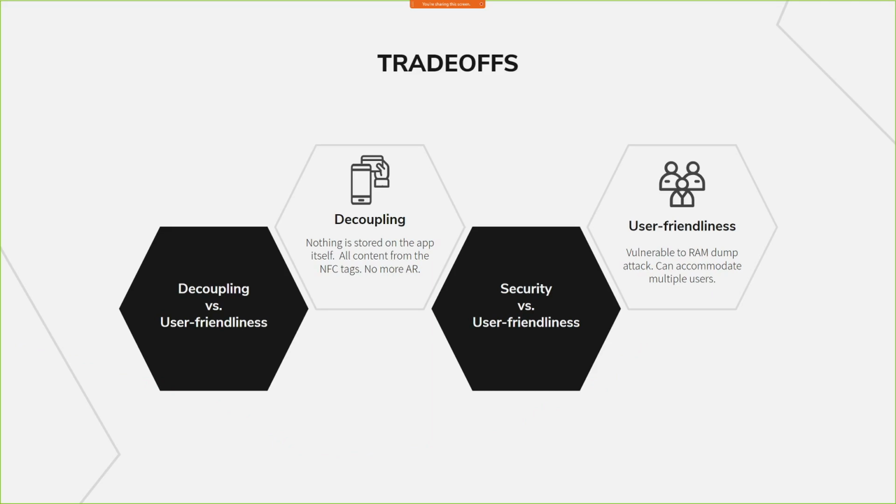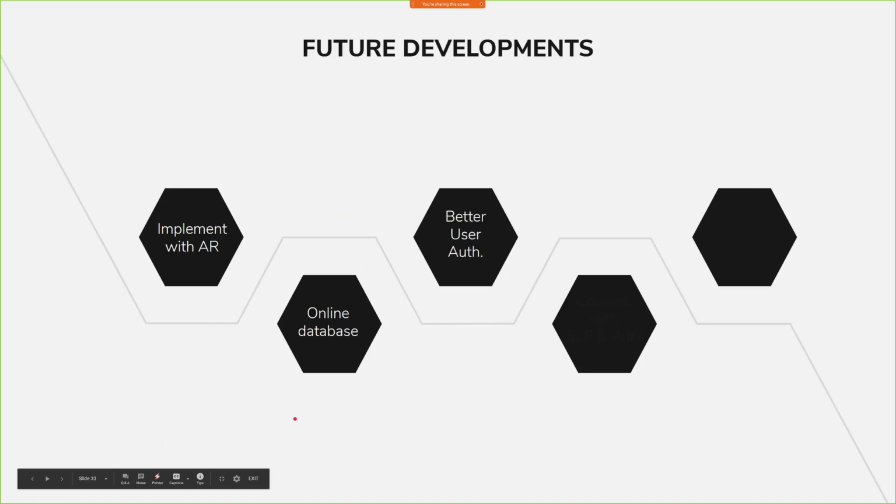When we check the contents, our app decrypts the encrypted message. So if a hacker uses our application to check the contents of the NFC, they can do that. We acknowledge that limitation, and we plan on making it better in the future by developing better user authentication, most likely using an online database.